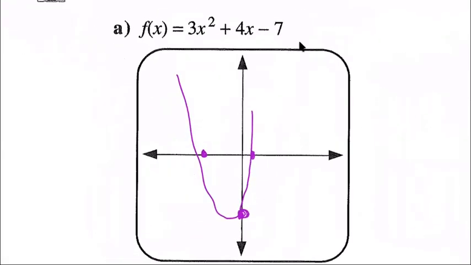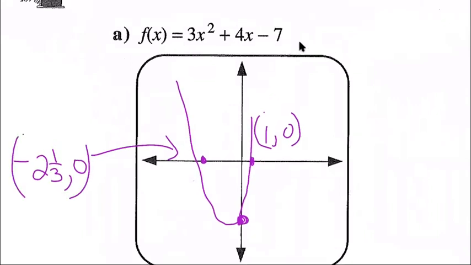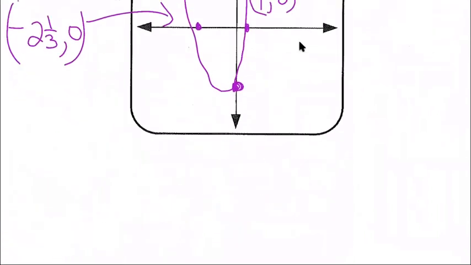But we need our zeros. So this was 1. And this was, as an exact value, negative 2 1/3. Oops. So messy. And write the function in factored form.